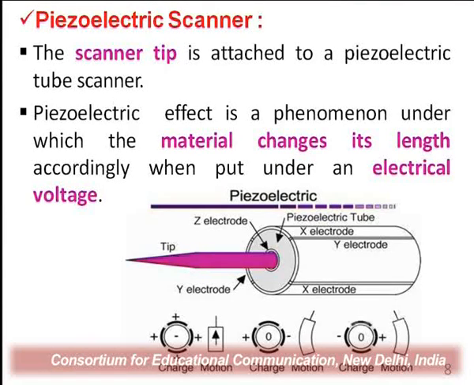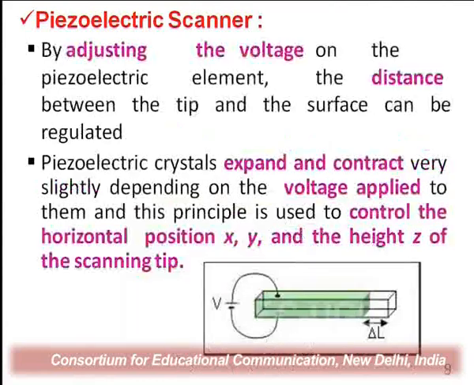It means the tip movement is adjusted by this piezoelectric scanner by changing its length when it is in contact with the surface. The piezoelectric scanner plays a very important role in the scanning tunneling microscope.